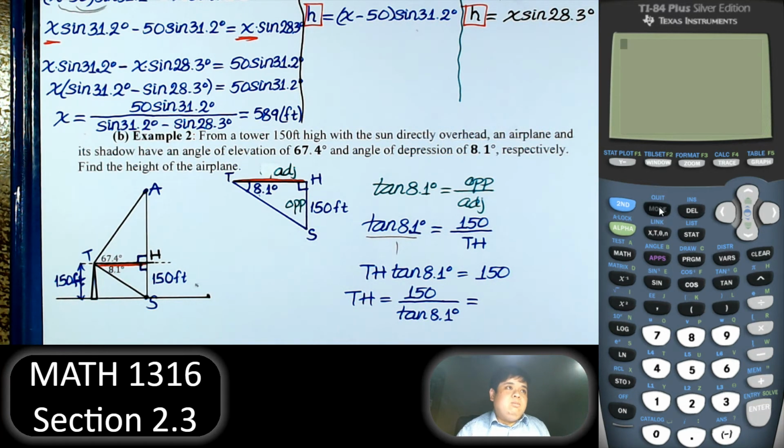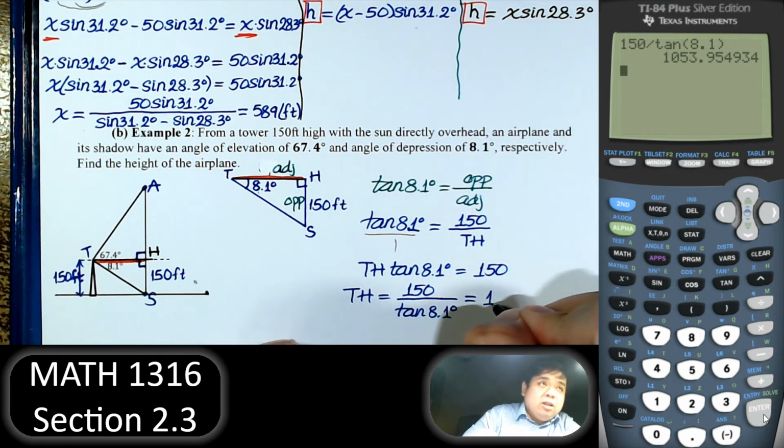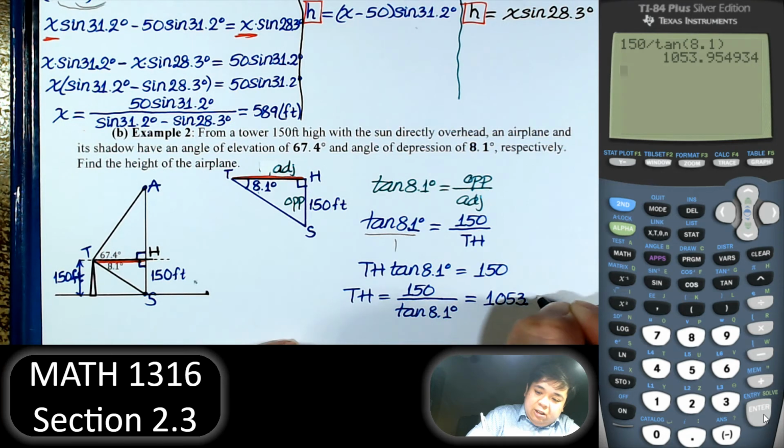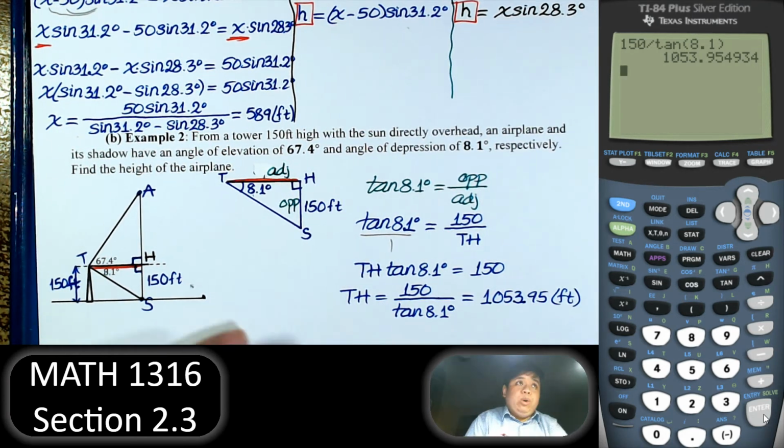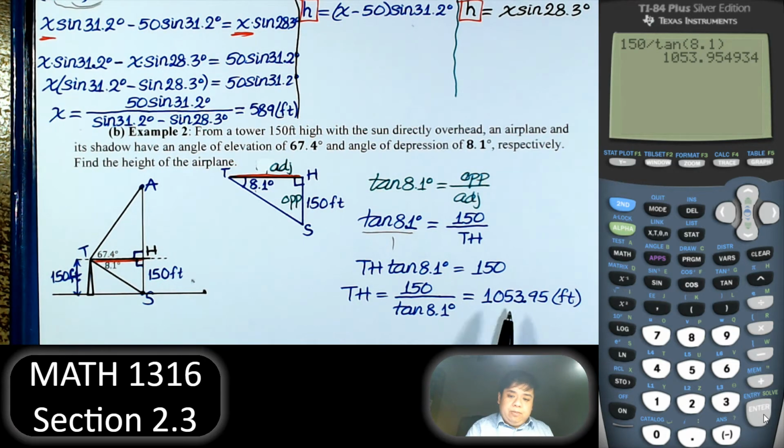It's still in degree mode, so it's good. 150 divided by tangent of 8.1 degrees. 1053 feet, 0.95. Of course, we're going to use the whole number. We're not rounding anything until the very end. Right, so we have that, which is good, TH.